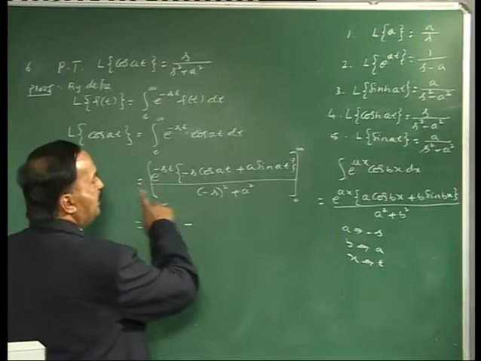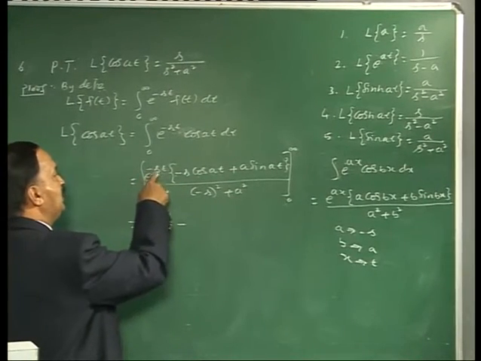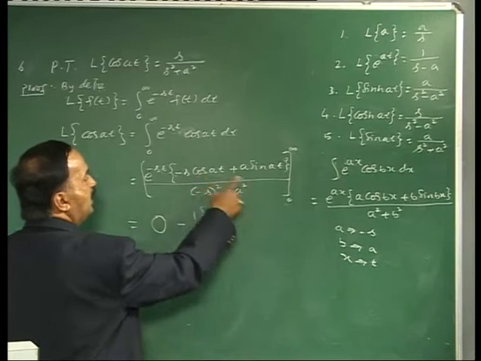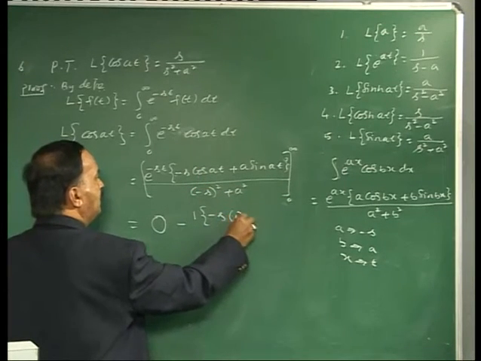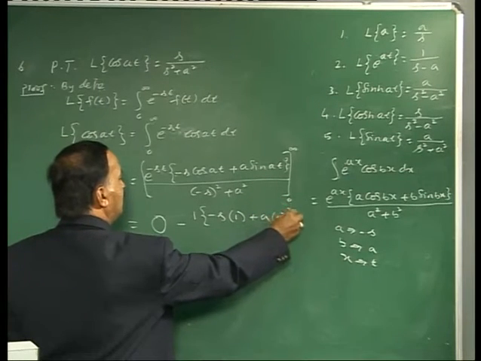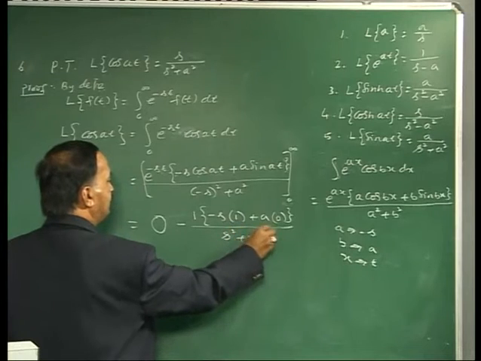Next minus, if you put t equal to the lower limit 0, 0 into s is 0, e to the power of 0 is 1, into minus s cos 0, which is 1, plus a into sin 0, which is 0, divided by s square plus a square.